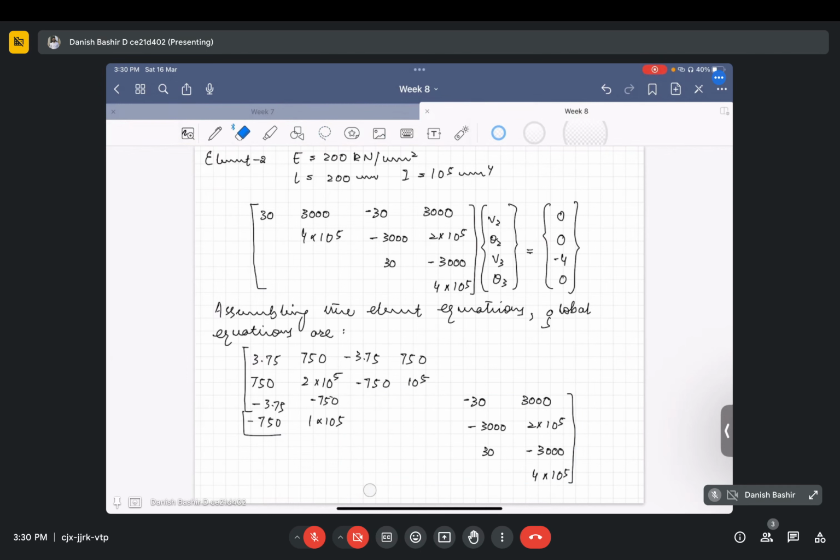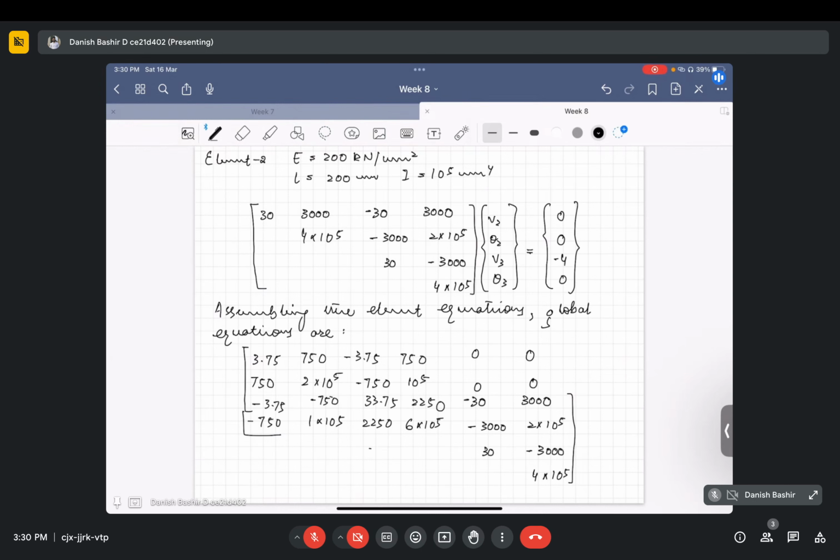So these four values will be: this will be 6,000, this will be 6 into 10 to the power 5, 10 to the power 5. This will be 2250. This will be 33.75. This will be 2250. And all the other entries will be 0 0 0 0.